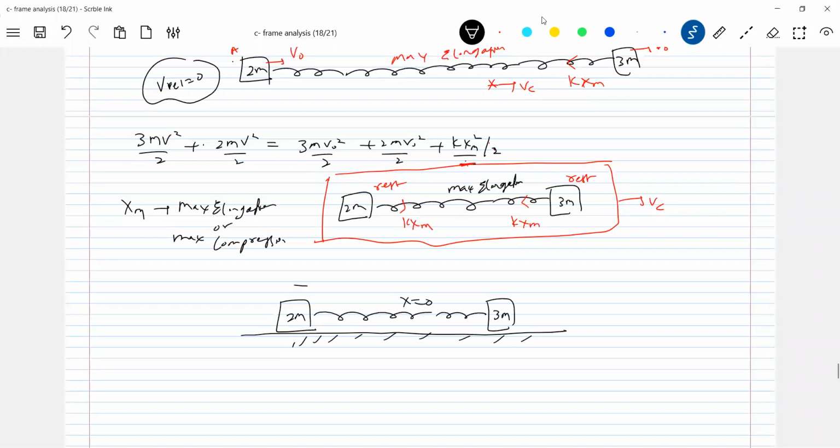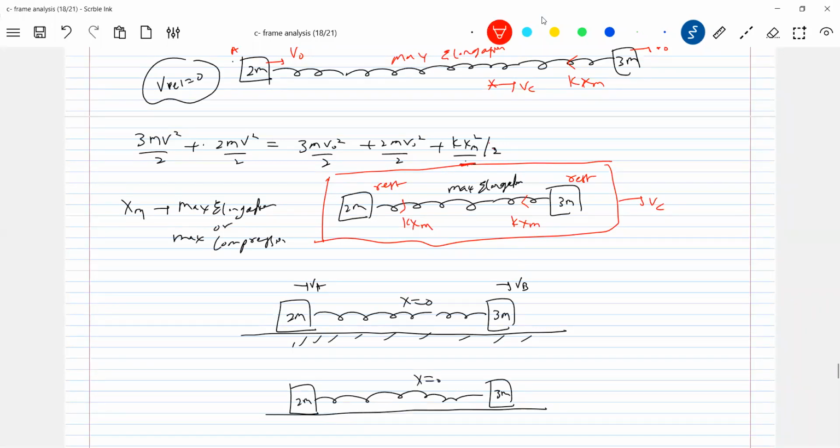What is the velocity of block A, VA? We don't know this. We have to calculate. In the C frame, how will it be at natural length? The red color box is the C frame.